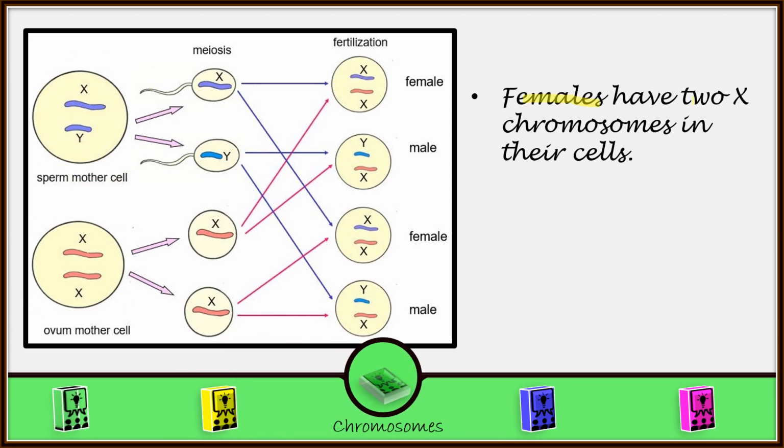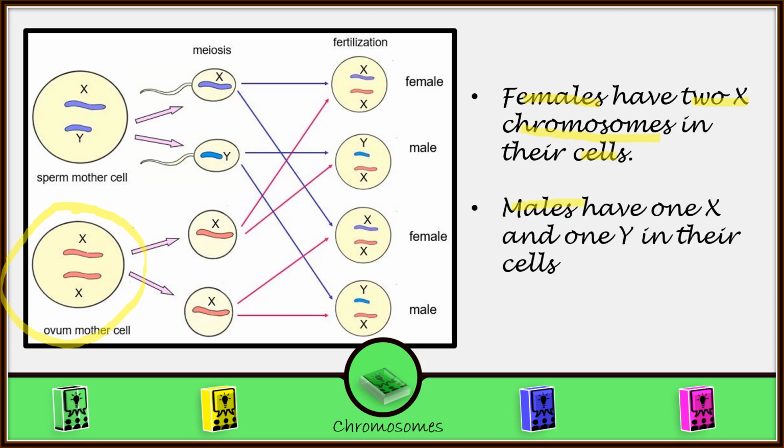Females have two X chromosomes in their cells, and the males have one X and one Y chromosome in their cells, as you can see here.